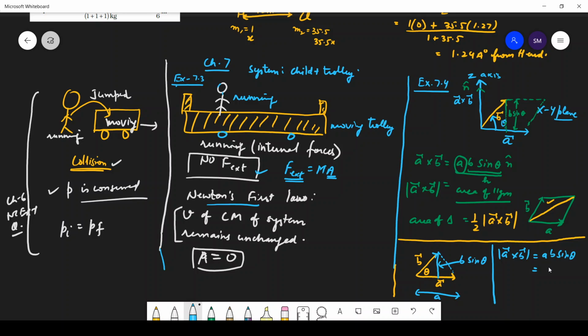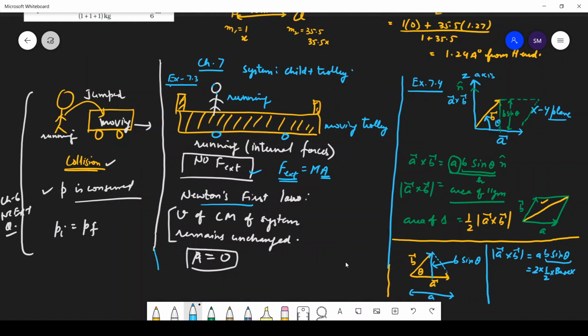We need half also, half into base into height, so we can multiply and divide by 1 by 2. A is the base of the triangle, multiplied by B sine theta, the height of the triangle.